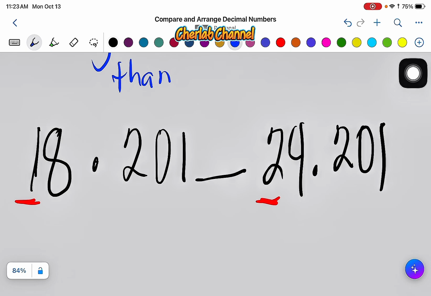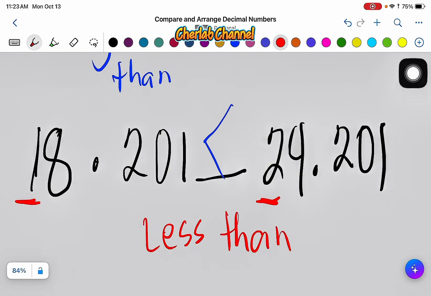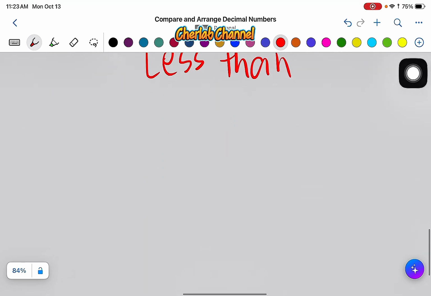Which means, ang buntot ay nakatutok kanino sa mababang number? Kay 1. Okay? So, that symbol is what we call less than. So, 18.201 is less than 24.201. Okay? That's how you compare.